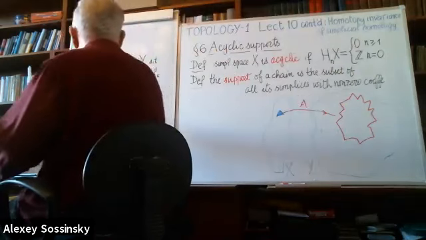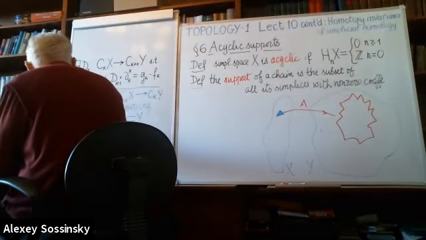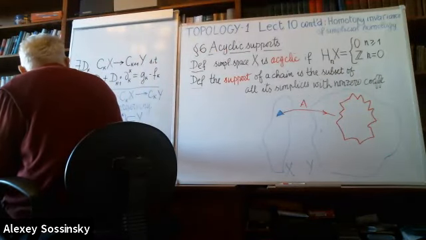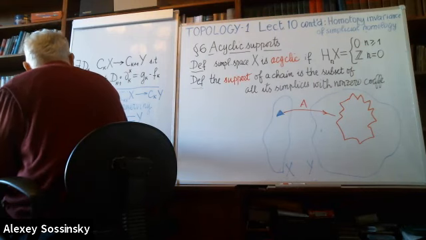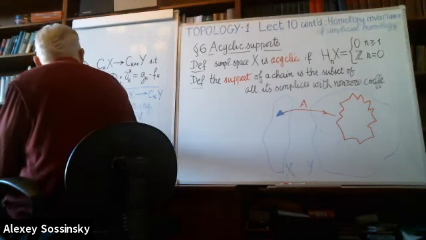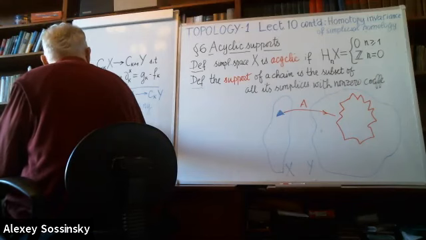First of all, for any simplex delta k, A of delta is acyclic.